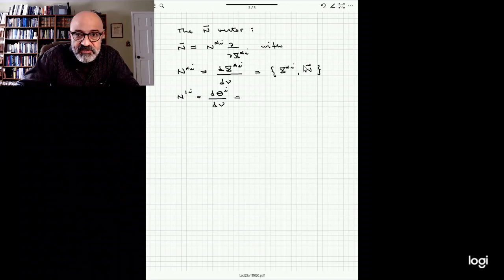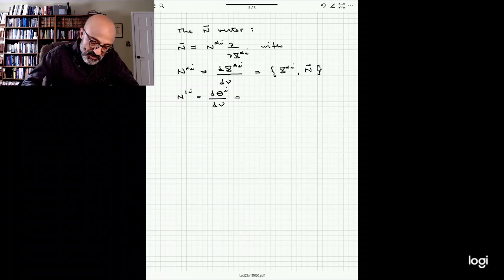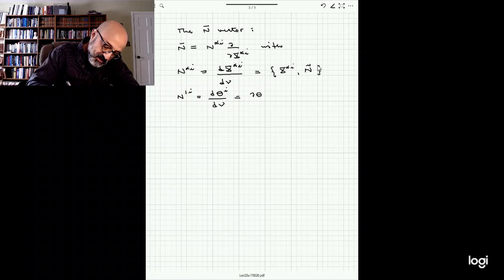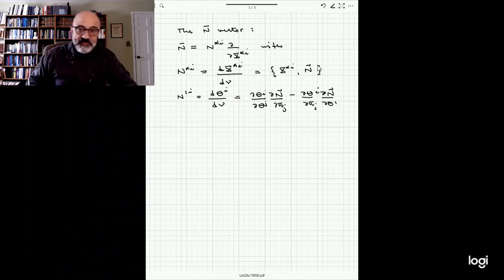Here we're going to write the Poisson brackets. So here we're going to have d theta I, d n, minus d theta I, d n, and now take all the appropriate derivatives with respect to the thetas and pi's: d theta j, d pi j, d pi j, d theta j.